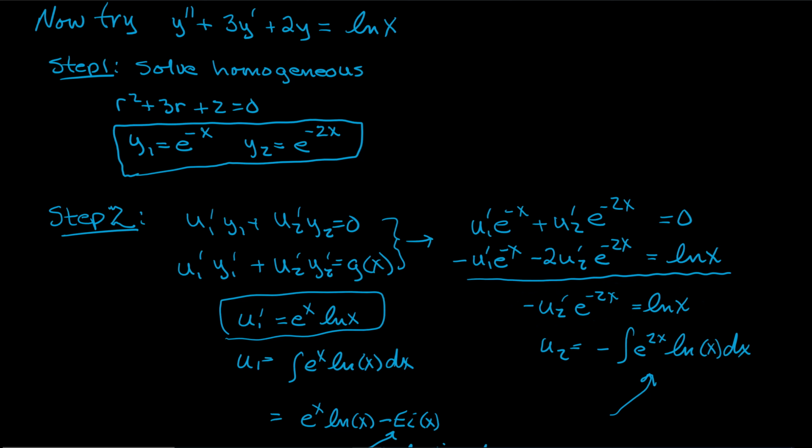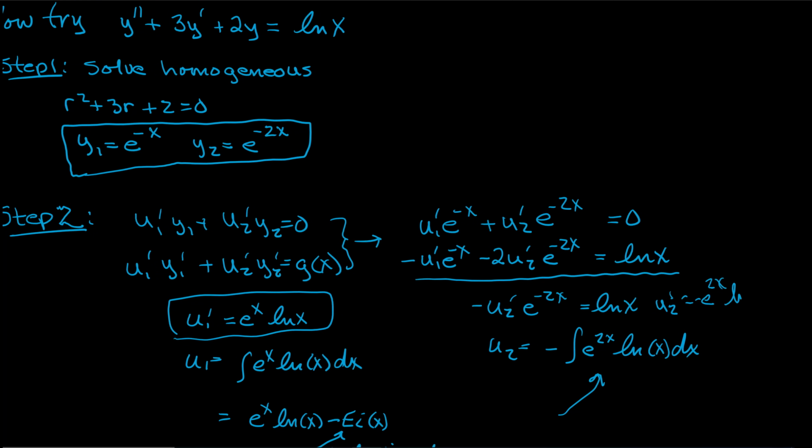Okay, so all I did here was I took my u2 prime and I solved for that, which is going to give me that u2 prime is equal to negative e to the 2x natural log of x. We're running out of space here. If you substitute that in for the u2 prime there, you can solve and you'll get that u1 prime is going to be e to the x natural log of x.